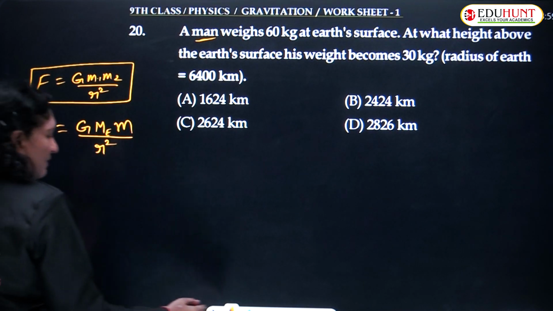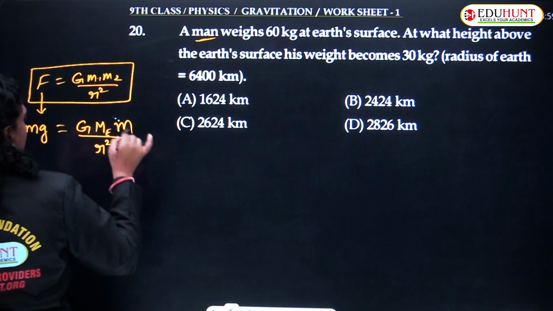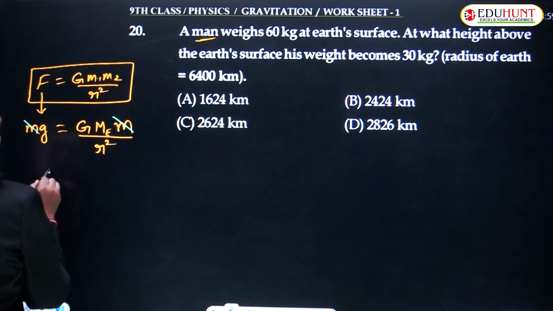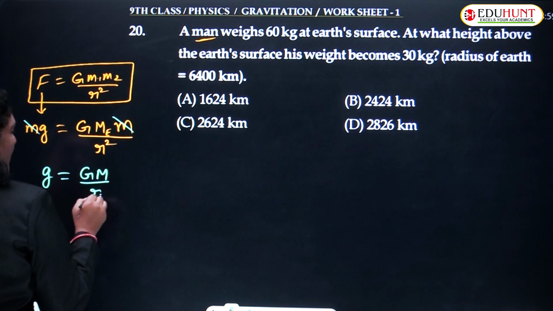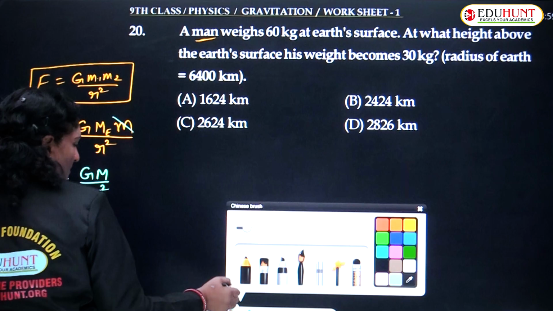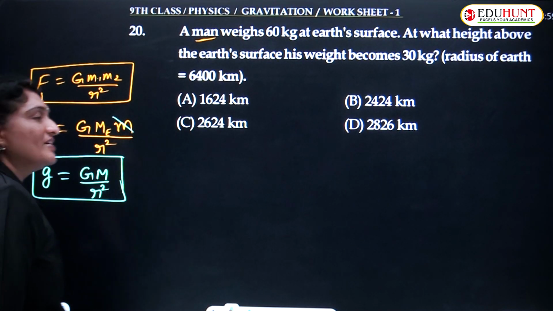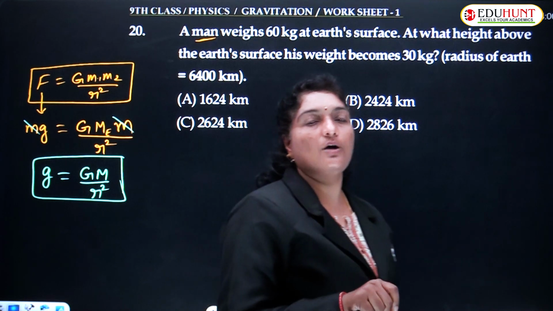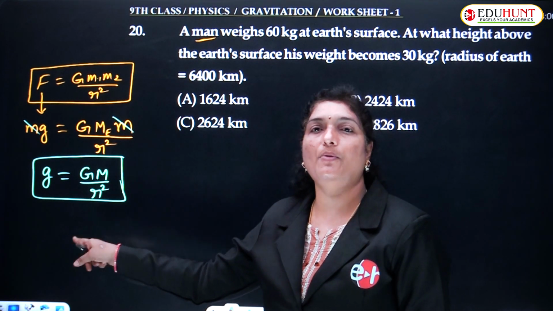So clearly the value of g equals this, and m gets cancelled. Therefore, the formula for g is GM by r square. I'll be concluding this, children. So what is the formula for g? g in terms of capital G is given as g equals capital G M upon r square.